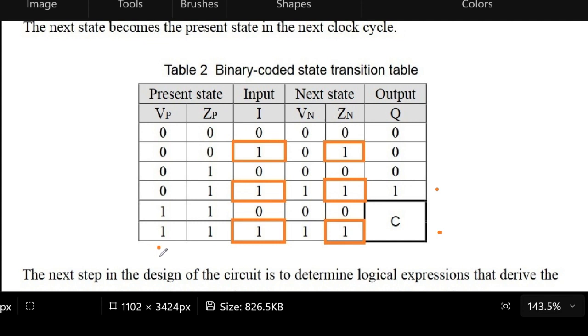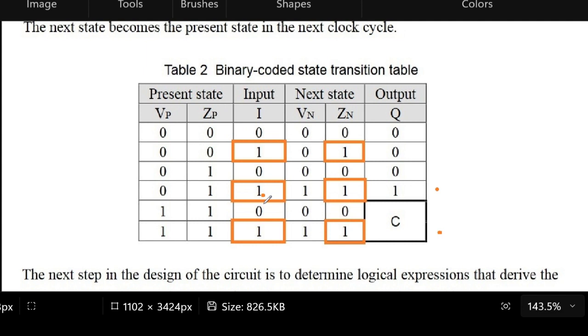The second set is saying that the first value is 1, Zp is 1, and I is 1, and the value is also 1. So from here we know that Zn should be 1, and therefore if we are to choose which among the columns would have 1 as well, if Zn is 1, then we can find I to be a candidate.